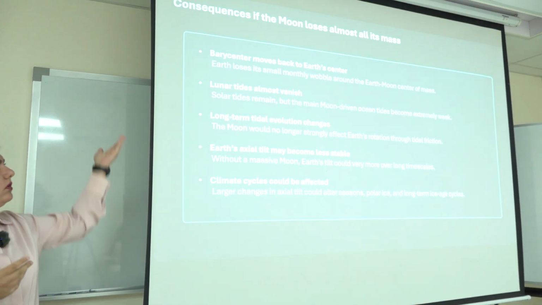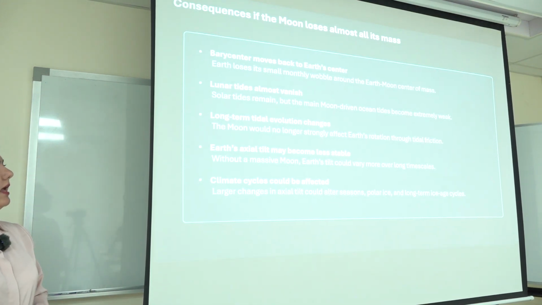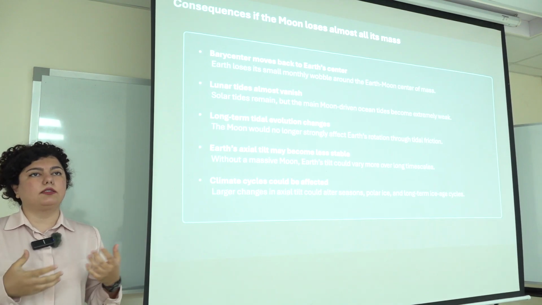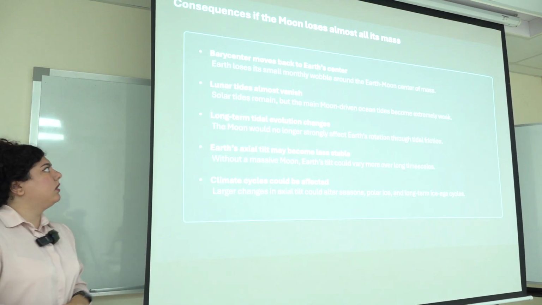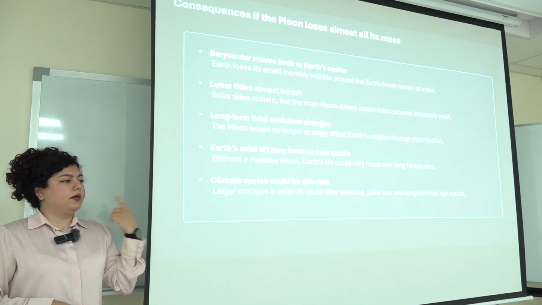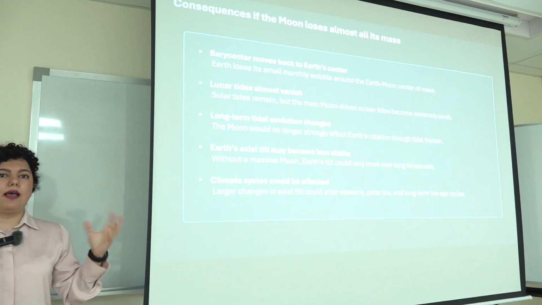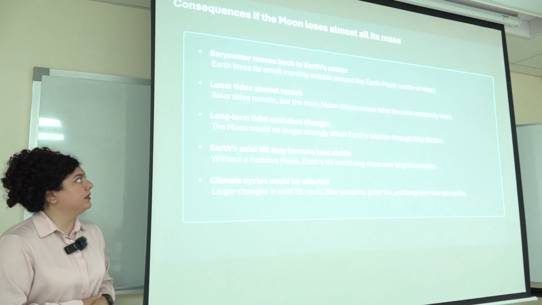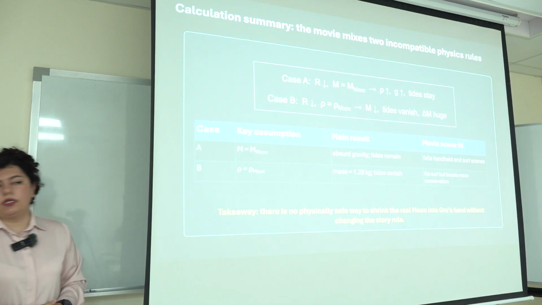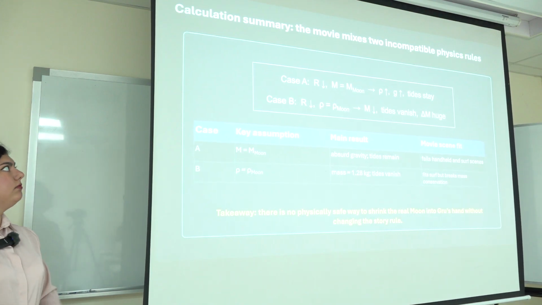Maybe it has caused some ice age or some environmental effect, because the Earth didn't have that wobble that it currently has. And so in summary, I should say that we have two cases.